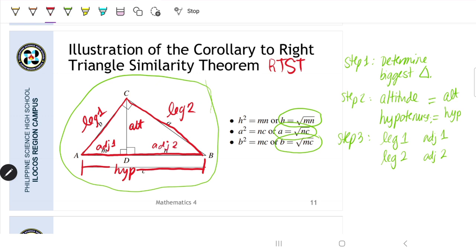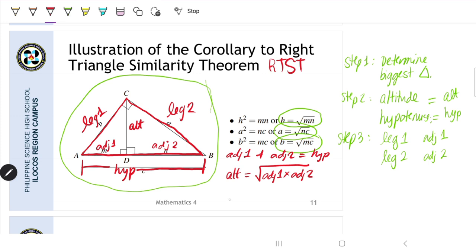Okay? So, ang gagawin ko, step 3 or step 4. So, I'm going to form my equations. So, based on the corollary to RTST, si alt ay equal kay square root ni adjacent 1 times adjacent 2. Okay? And alam ko din that adjacent 1 plus adjacent 2 equals my hypotenuse.